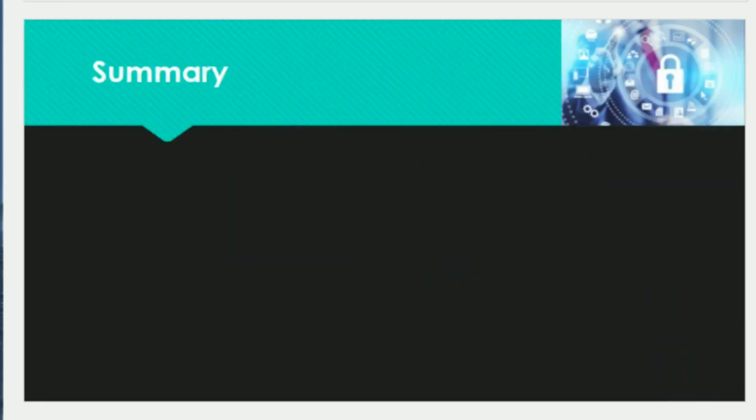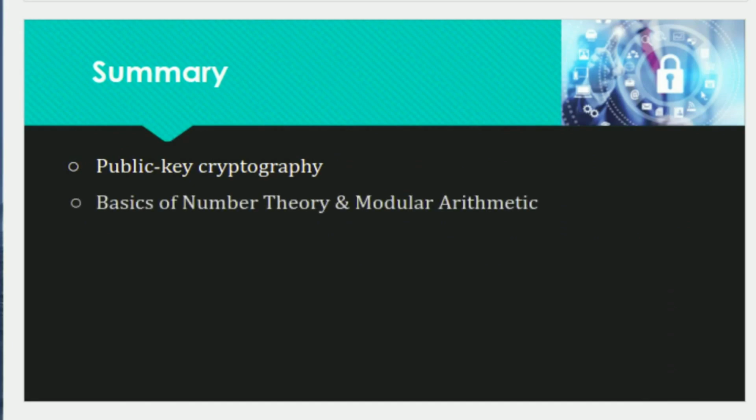Now we will summarize today's session. We learned that public key cryptography is a cryptographic system that uses a pair of keys. We reviewed the basics of number theory and modular arithmetic, in which you learned about modern data encryption methods and designing a cryptosystem. Then we discussed applications of the RSA algorithm, such as signature verification, software programs like browsers, and many protocols that rely on RSA.